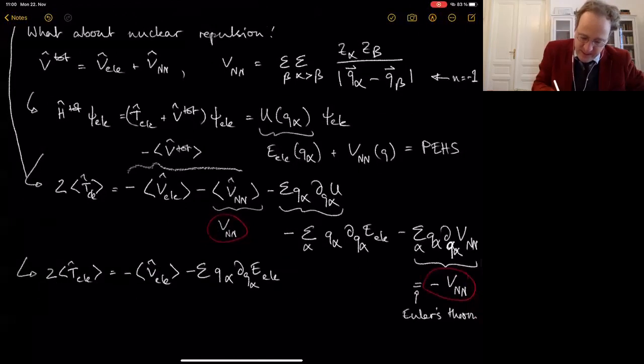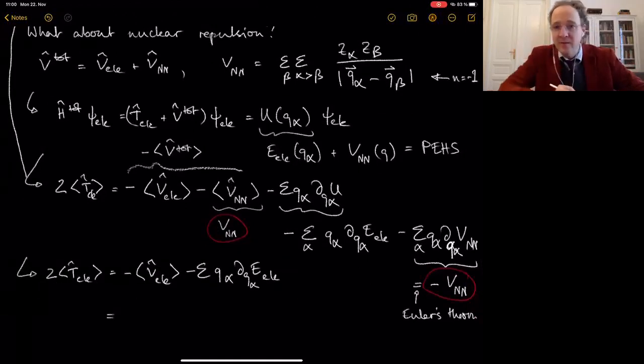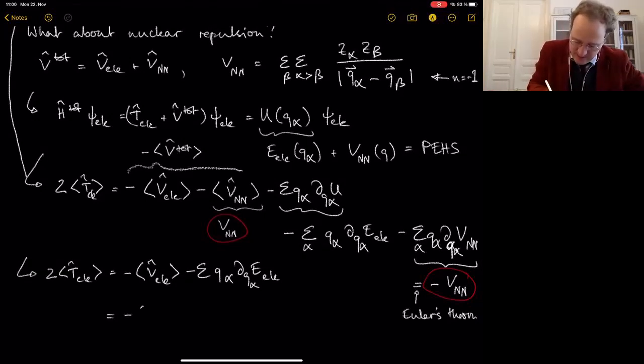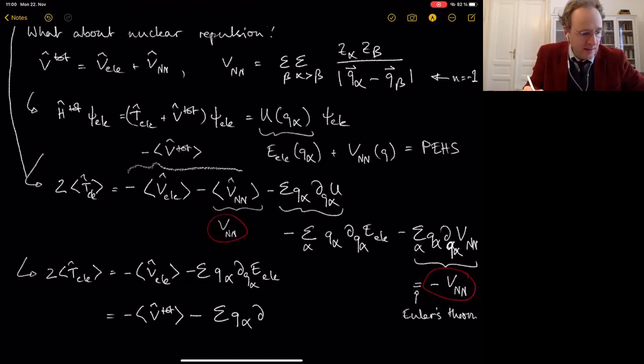And this is the same if you add VNN and you subtract VNN at the same time. It's the same as V dot minus sum over Q alpha dQ alpha U.